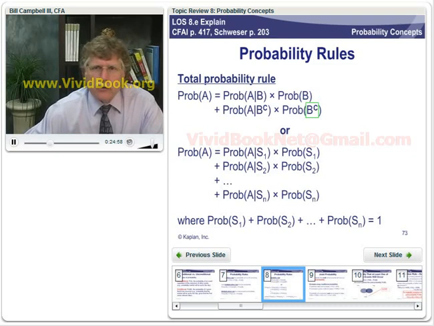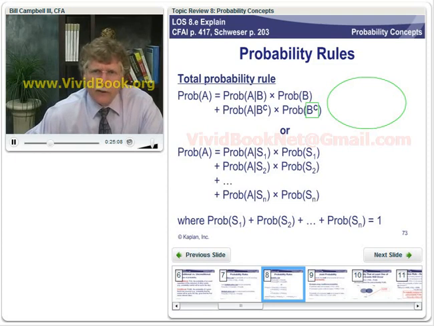So I'm going to draw a little oval here, and this oval is my A, and let me divide it up into a couple of pieces here.